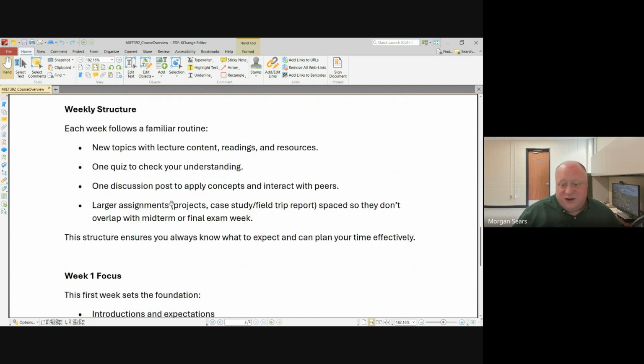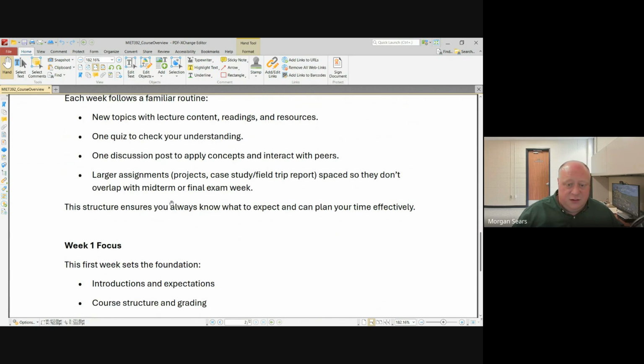So trying to make sure that with the expectations laid out like this, you can plan your time effectively. That's kind of the main thing, right? I know a lot of the students here are working part time or full time, and this will allow everyone to sort of have the same sort of routine, and I think it'll really help.